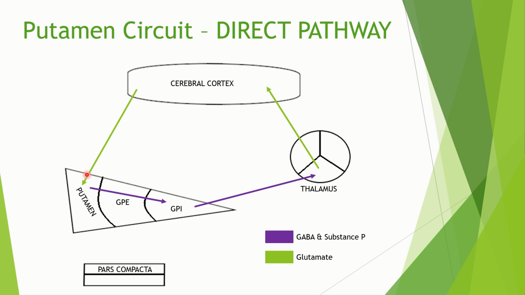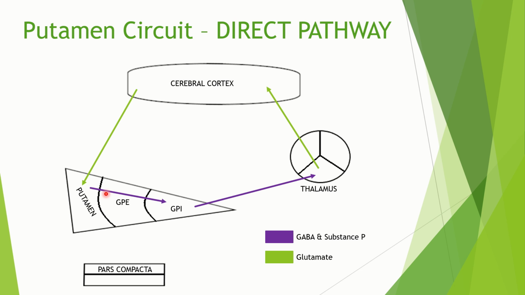These fibers are stimulatory fibers. Next, you're going to find the striatopallidal fibers. These fibers come from the putamen to the globus pallidus, and these fibers are inhibitory fibers. They release either GABA or substance P.